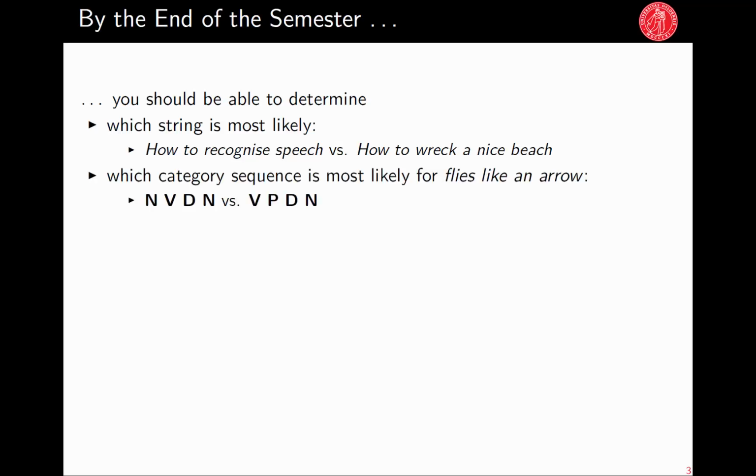From there we'll move to sequences where each element in the sequence bears a label, a category. Here we're using again a sequence of words from the classic time flies like an arrow. And we could imagine that we assign, so these are parts of speech, as we'll call them, noun, verb, determiner, noun.